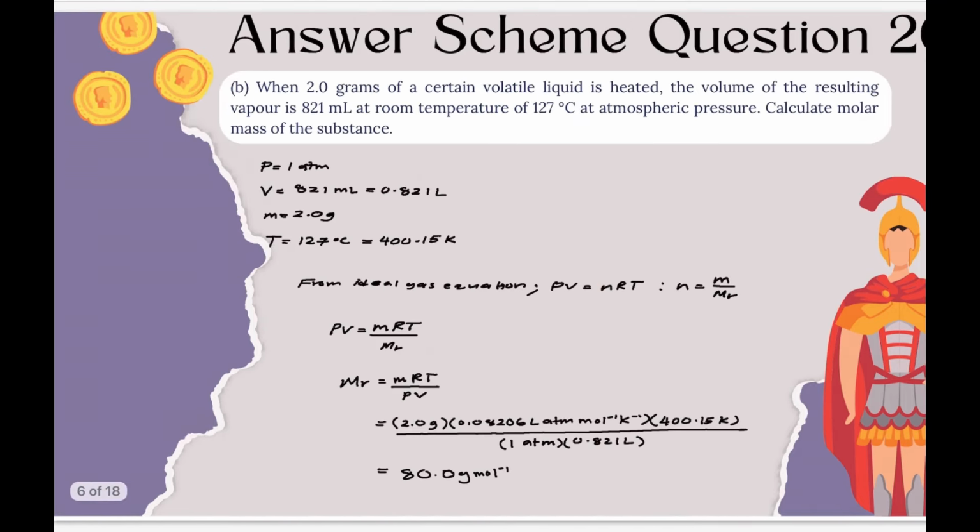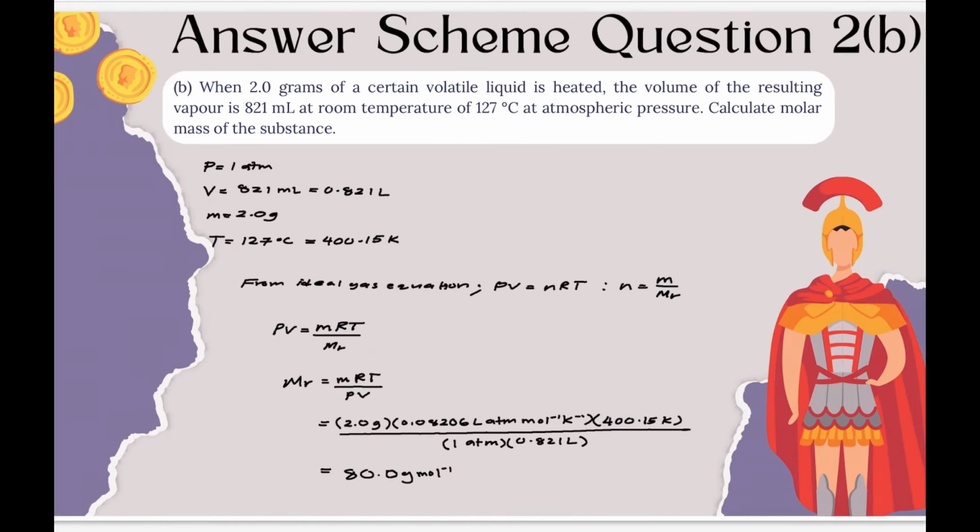Alright, and then question 2b: when 2 grams of a certain volatile liquid is heated, the volume of the resulting vapor is 821 milliliter at room temperature. The temperature given is 127. I think this is a typo, it should be at a temperature, not room temperature. Then they ask you to find the molar mass of the substance.